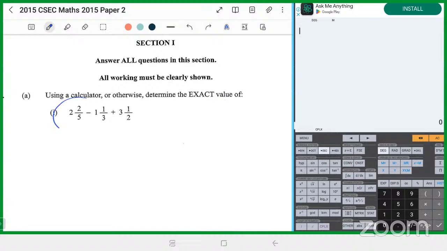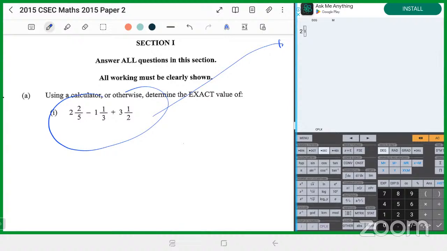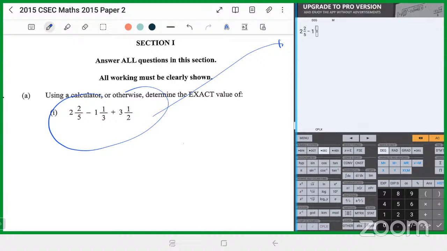So again, it's typing this into the calculator. Make sure you type it the right way. I'm going to do the mixed number 2 and 2/5, minus another mixed number, 1 and 1/3. Make sure you type it in exactly as it is there. Then we're adding 3 and 1/2, a mixed number again. And it's giving me 4.56 repeated. To get it as a fraction, this is the answer right here.